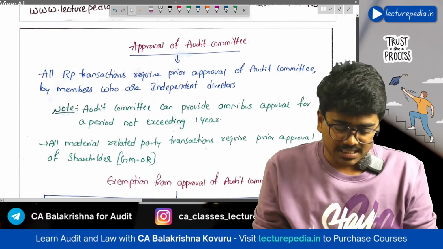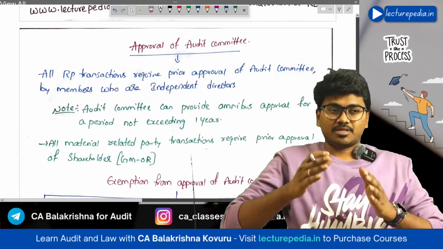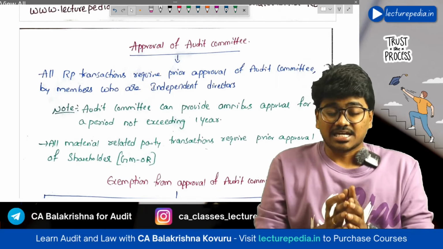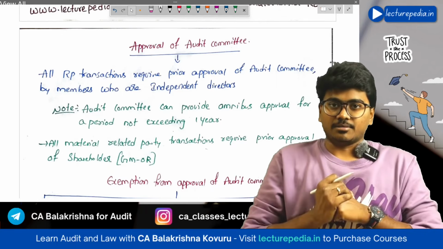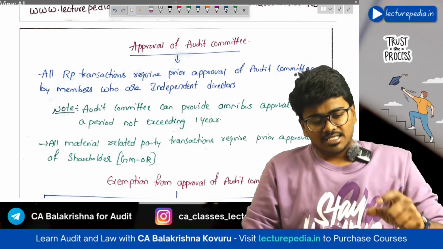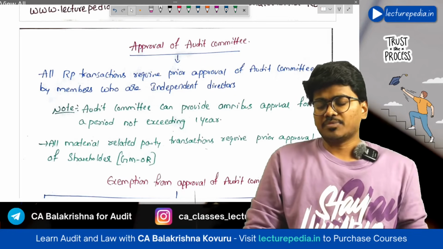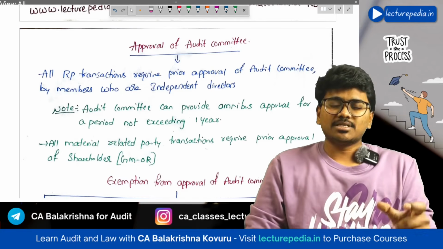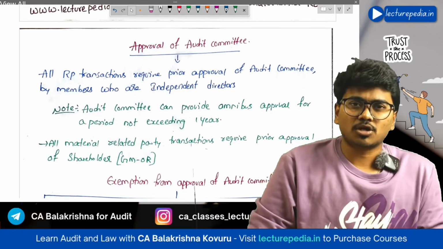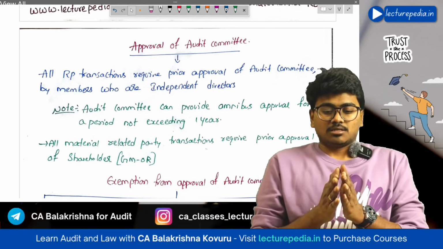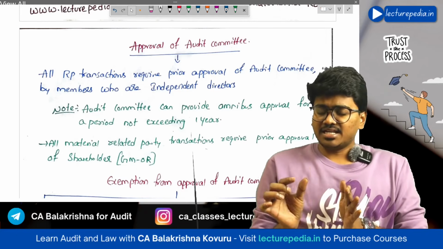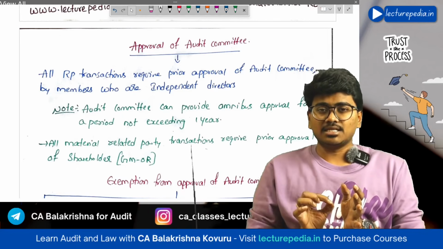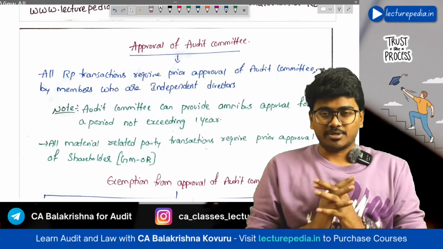Approval of audit committee. Just like we have discussed in the Companies Act, all related party transactions require prior approval of the audit committee. And even in case of LODR regulations, the omnibus approval concept is there. Omnibus approval concept means, see, the rule says that every related party transaction that the company enters into must be approved by the audit committee on a prior basis.